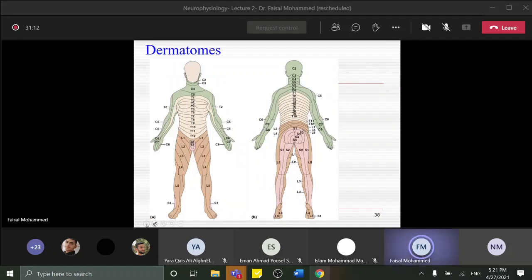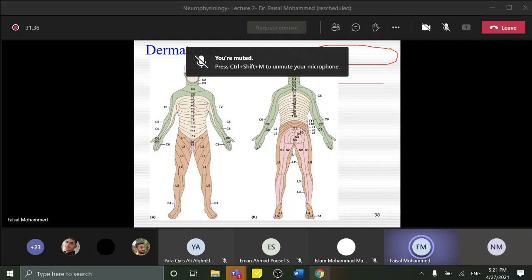Now, the areas that represent any part, how do we know which nerve they come from? These are called dermatomes. What are dermatomes? We talked about dermatomes maybe in the beginning. The embryo was a tube. This embryo is divided into what? Into segments.